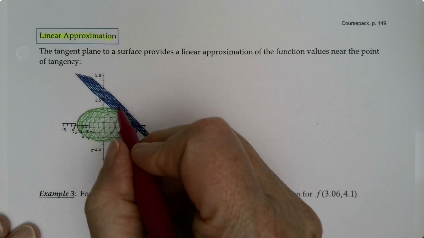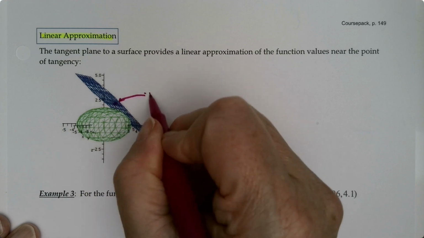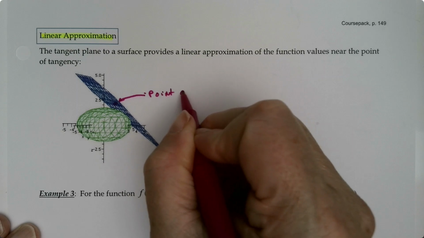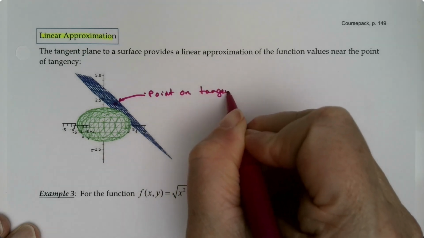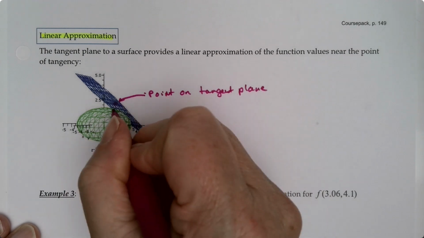So you have a point on your tangent plane right here, a point on the tangent plane, and a point on the surface.